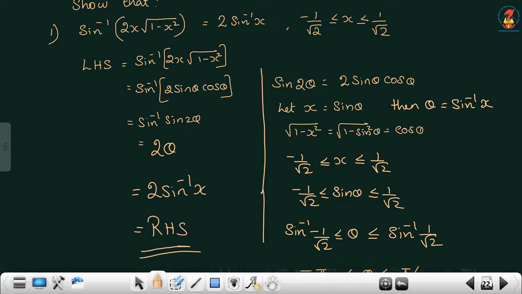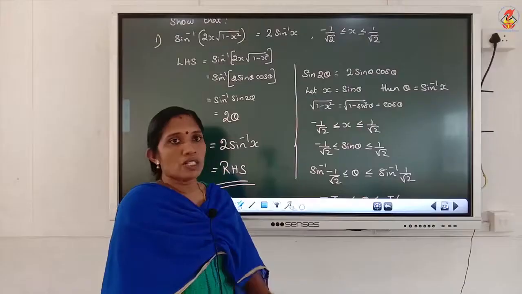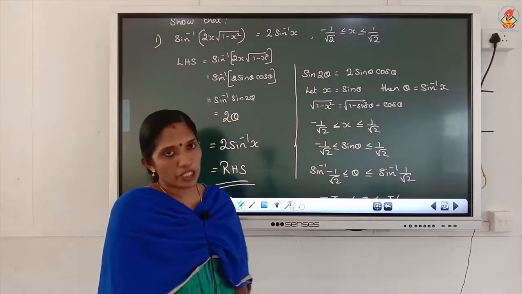Once again children, the question is sine inverse of 2x into root of 1 minus x square. We have to prove that it is equal to 2 sine inverse x. So the method is to check the outside function, then convert the bracket in terms of that function. So the bracket is 2x into root of 1 minus x square, that we have to convert in terms of sine. So we have to do an appropriate substitution.